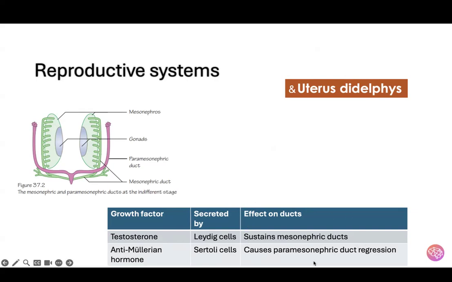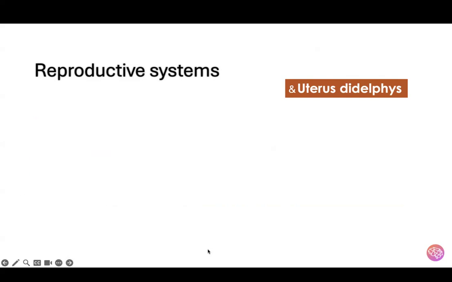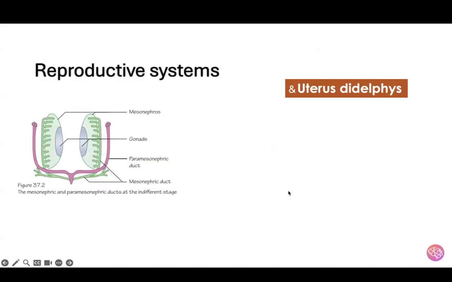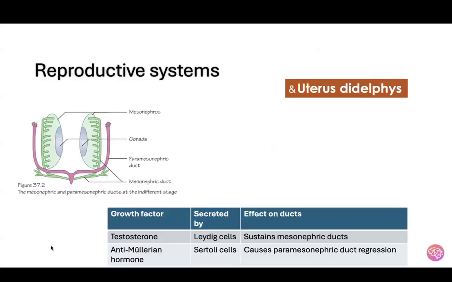Mesonephric is another term for Wolffian duct, and the paramesonephric duct is essentially apoptosed through the production of anti-Mullerian hormone by the Sertoli cells. So in other words, sorry, I need to clarify something: in the female case, you do not have any production of anti-Mullerian hormone. Does that make sense? Or have I confused people? Okay, I'll carry on.